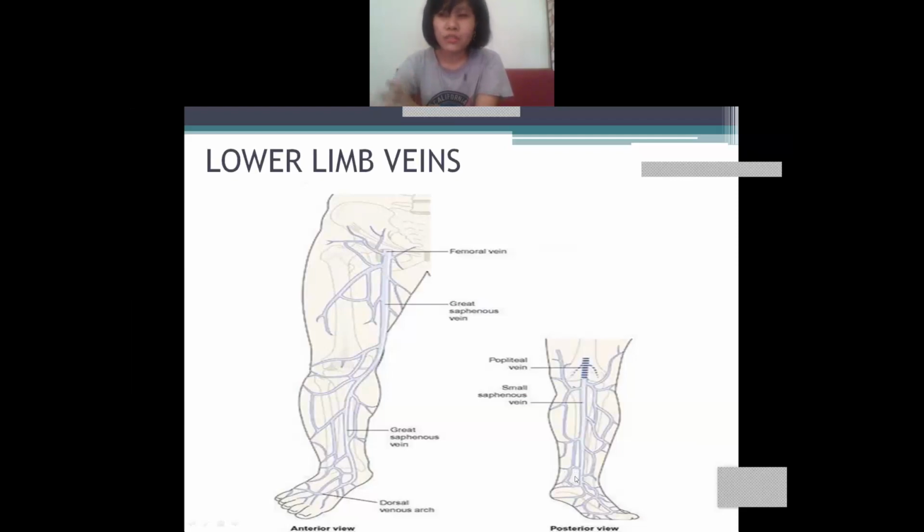Then, as it goes upwards and upwards, it will gradually meet here in your popliteal side, in the popliteal vein, which is a part of the deep veins. And all these are known as the dorsal venous arch. Okay, so that is all about the lower limb veins.